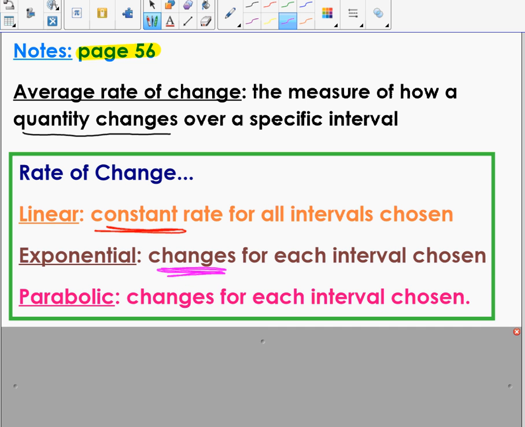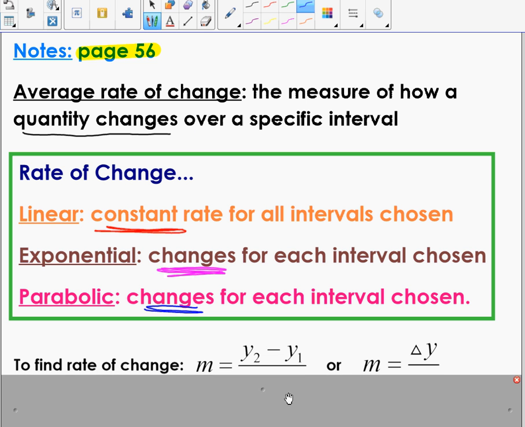And then parabolic, or for our quadratic functions, it's the same idea as exponential because this also changes depending on the interval that you choose. So linear, no matter what, you always have the same rate of change, but exponential and quadratic are going to change depending on what you're asked in one specific problem.